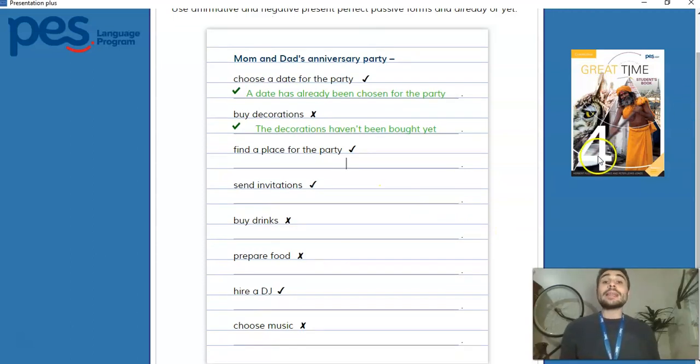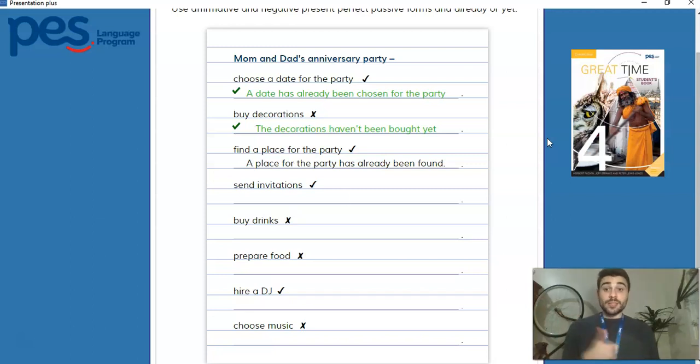Okay, so let's check. Here we have, find a place for the party, and it's an affirmative thing because it has already been done. So, a place for the party has already been found, right? Let's see. Send invitations.